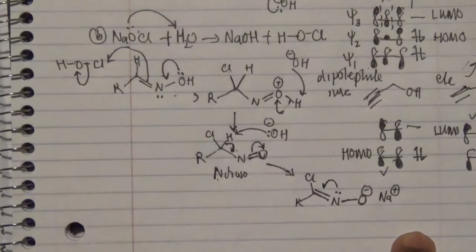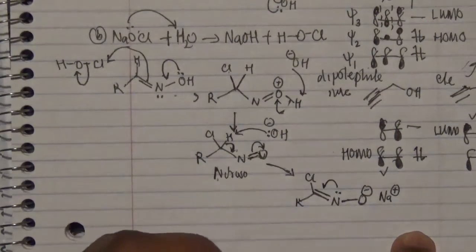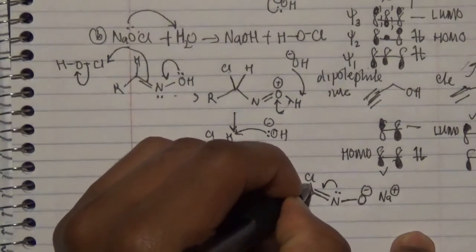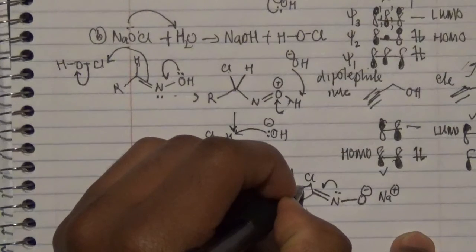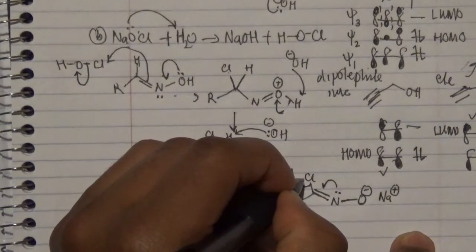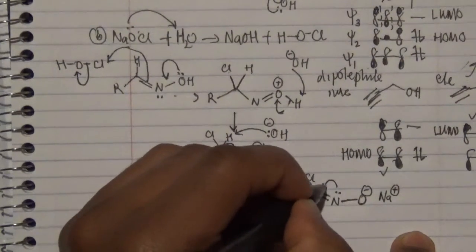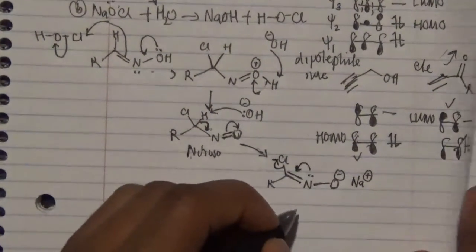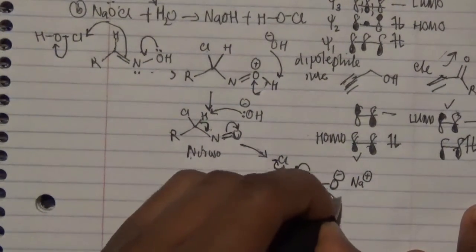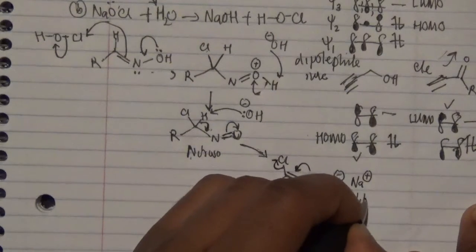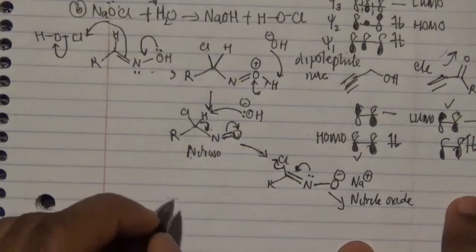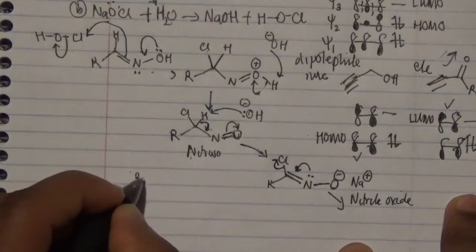So once you form a double bond again, which results in a triple bond between the carbon and the nitrogen, this particular carbon cleaves off from this particular chlorine, and this chlorine forms a negative charge outside, and what we get is we form a nitrile oxide species, which is that over here.